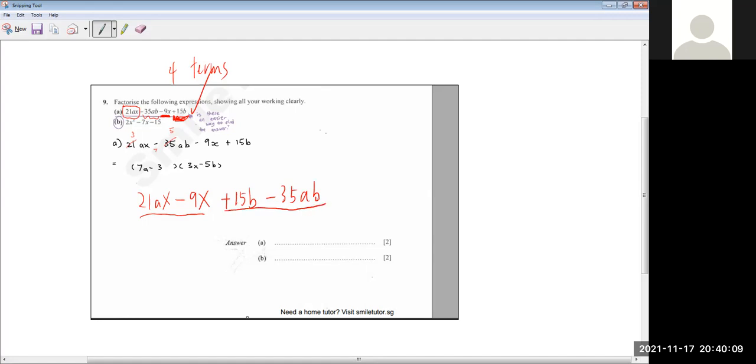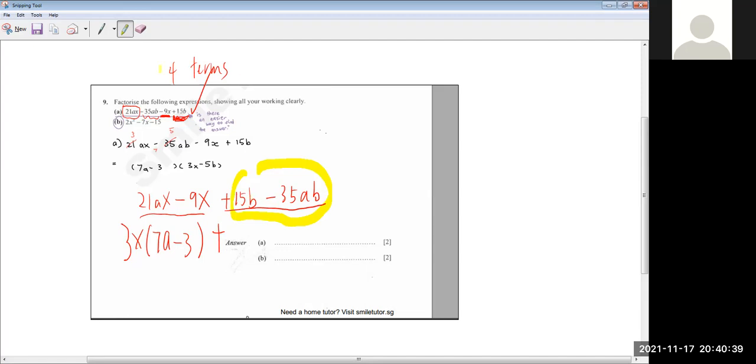Then you can factorize already. Both have x, so you take out the x. Not only do they have x, they also have a 3. If you take out 3x, you are going to end up with 7a, and taking 3x out of the 9x, you are going to have 3. The next step is plus. Now focus on this pair.